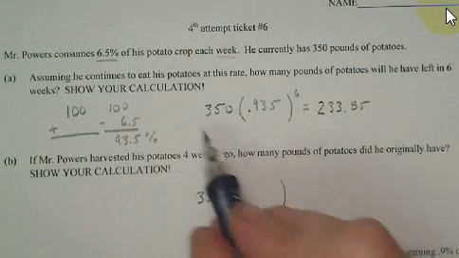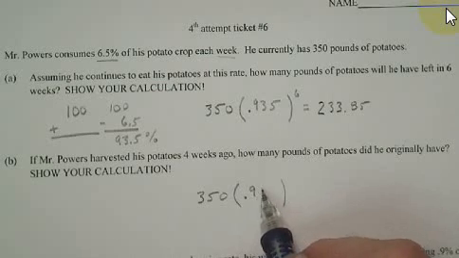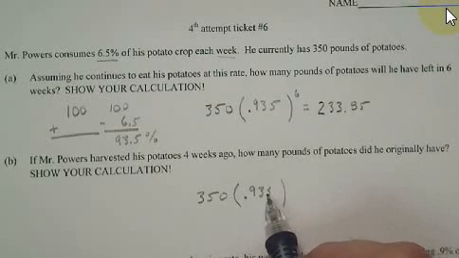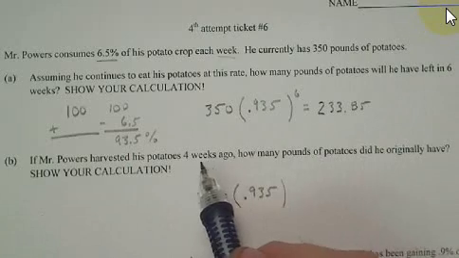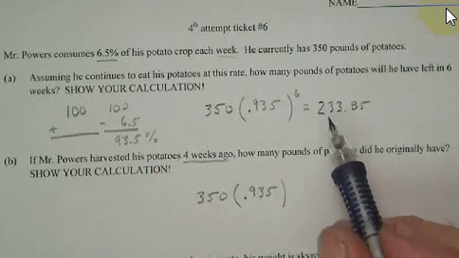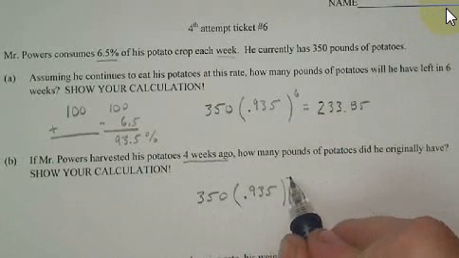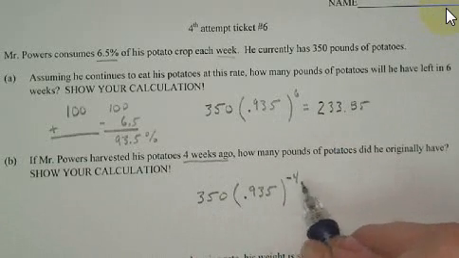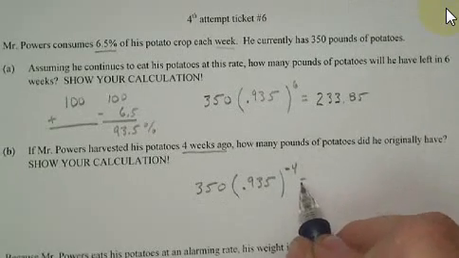He still eats and has been eating 6.5% of his potatoes, so we still use the same multiplier. What has changed in this equation is the time. We want to go back in time 4 weeks. This was going forward in time 6 weeks. To go back in time, we use a negative exponent, or -4 is what we'll end up punching on our calculator. Going back 4 weeks.